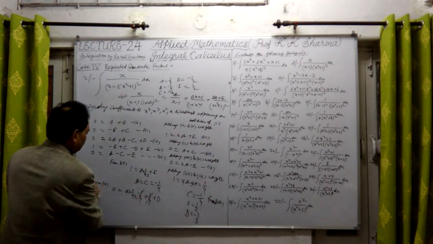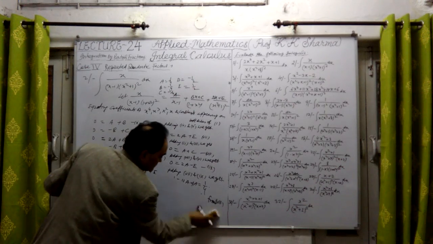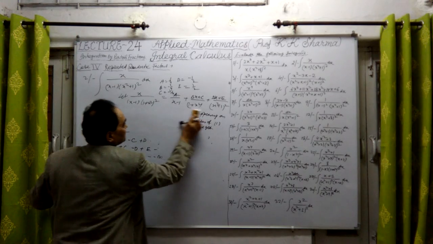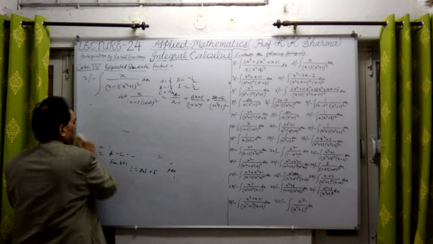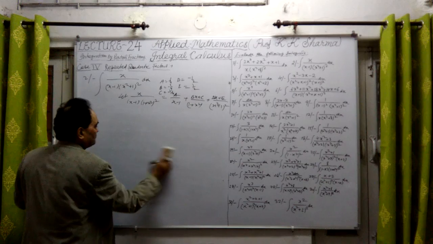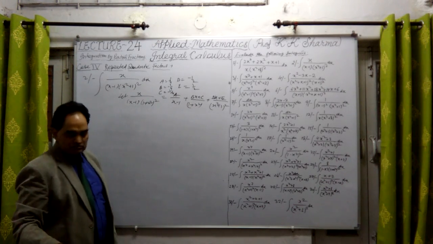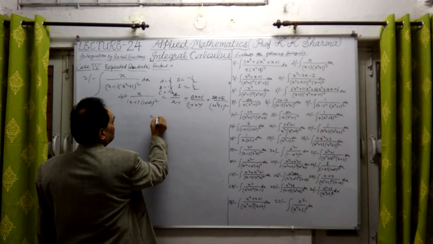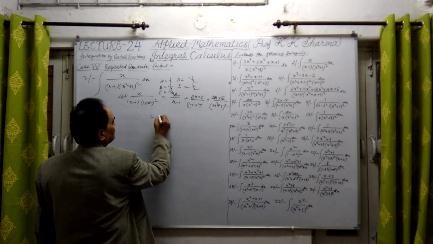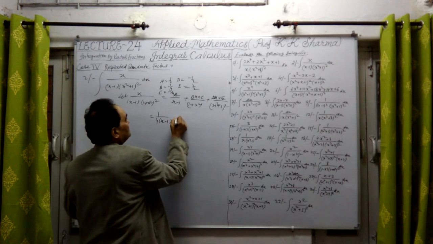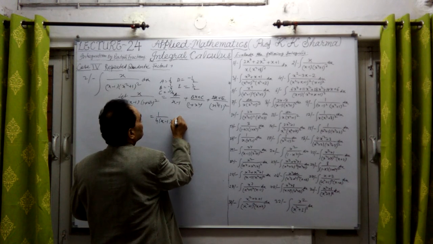Now finally we can take the partial fraction of this equation. That will be equal to this. Let me write them here. Finally, the partial fraction will be equal to A, which is 1/4, into 1 upon x minus 1. Now plus B is minus 1/4, C is also minus 1/4.